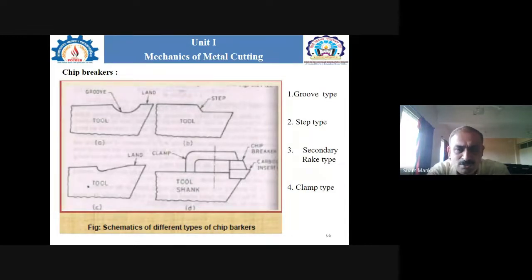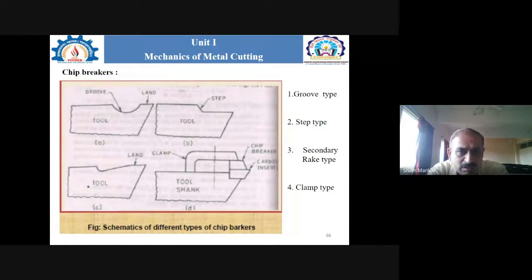So for that case, we need to consider chip breakers. If we consider the current slide number 66, it shows that there are 4 different types of chip breakers.